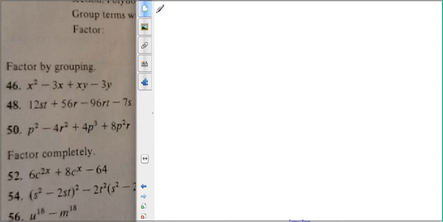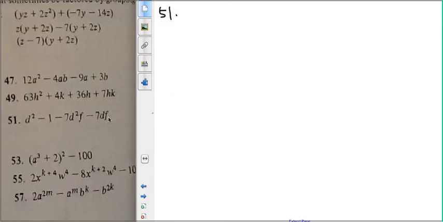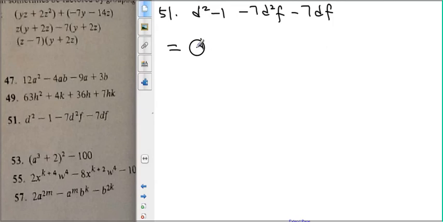Let's go for number 51. d squared minus 1 minus 7d squared f minus 7df. Then once again here we can do a similar one, d plus 1, d minus 1, factoring.